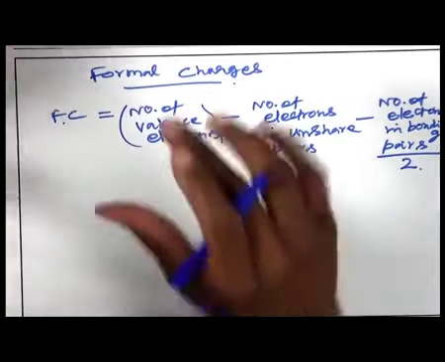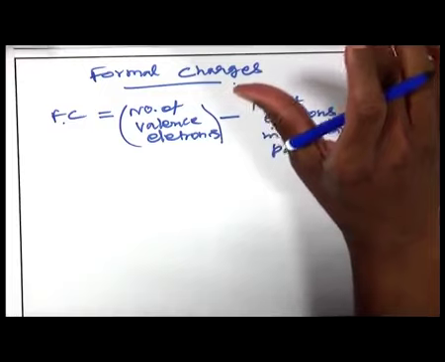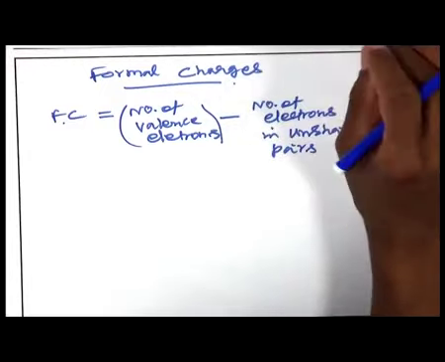So, you first find out the valence electrons of the atom. Suppose you want to assign the formal charge for an atom, then you should first take the valence electrons. We are concerned about valence electrons because those electrons are involved in reactions. Rearrangement of those valence electrons is responsible for reactions.